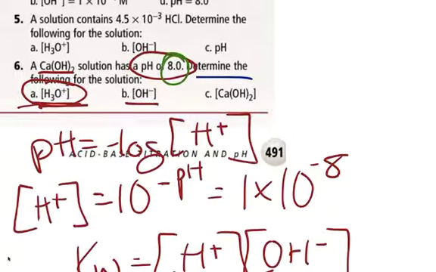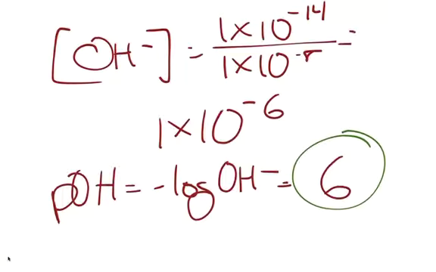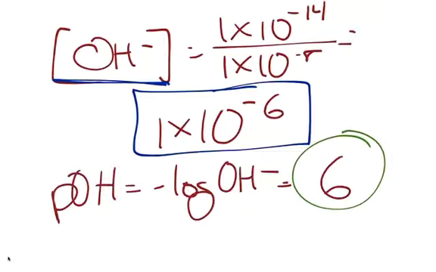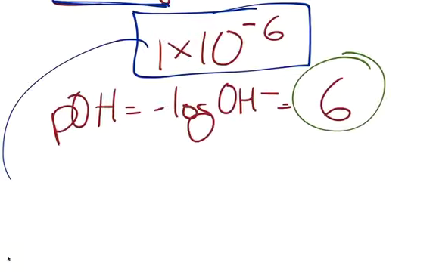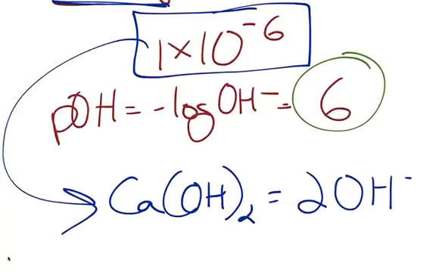Ooh, look at the little trick here. Now it says, what is the concentration of calcium hydroxide? Well, notice, the concentration of my hydroxide ions is 1 times 10 to the negative 6. But each calcium hydroxide would give us 2 hydroxide ions.